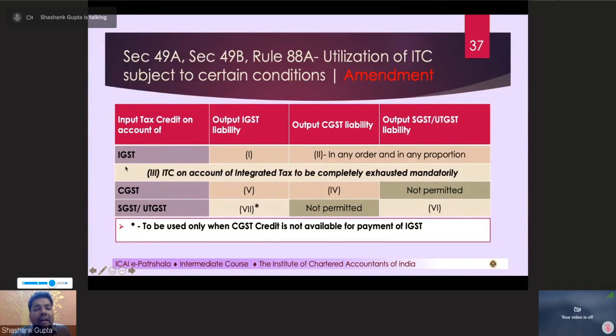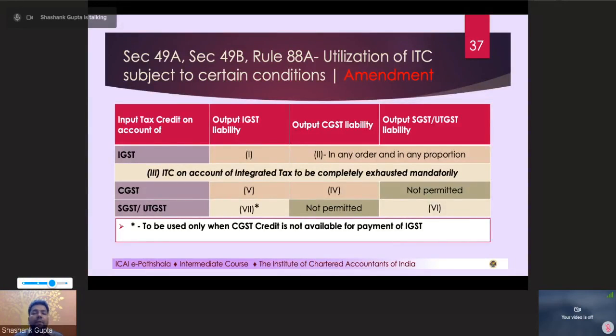Suppose I have 10 lakh worth of IGST credit and 10 lakh worth of output IGST liability. It is completely set off here, and I can move ahead. But if for any reason the IGST credit cannot be completely set off here, then you have to set it off against CGST and SGST, and this you could do in any order of your choice.